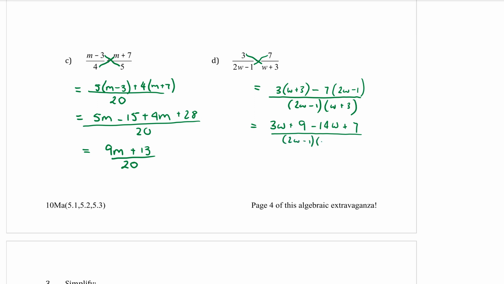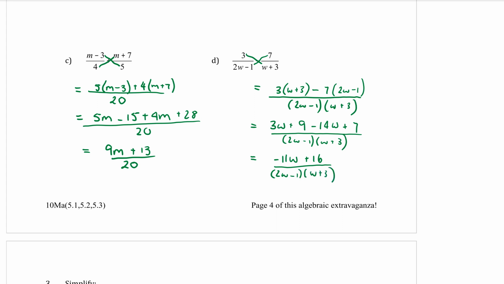Leave it factorized. We only expand the top because there's often things in there that will collect up and become tidier. So on the top, the 3w minus 14w makes minus 11w. 9 plus 7 makes a positive 16. Over the same denominator again, don't expand it out.